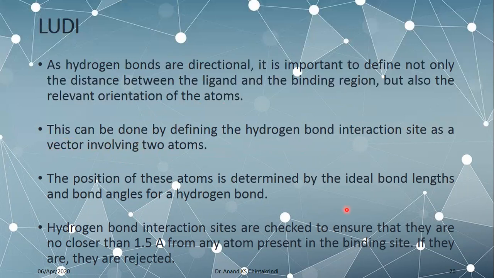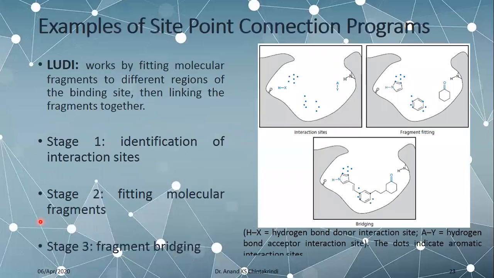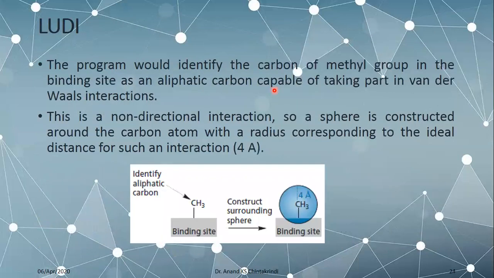Hydrogen bond sites are checked to ensure that they are no closer than 1.5 angstrom from any atom present in the binding site. If they are, they are rejected. So for these site points for the hydrogen bond placed near the binding site, as you can see in this case, this distance should not come within the range of 1.5 angstrom. If this is less than 1.5 angstrom, it is straight away rejected.